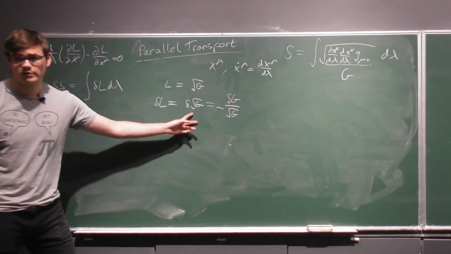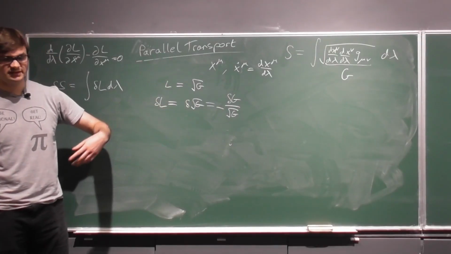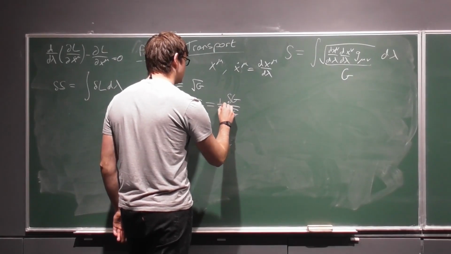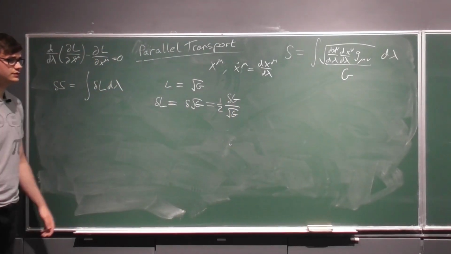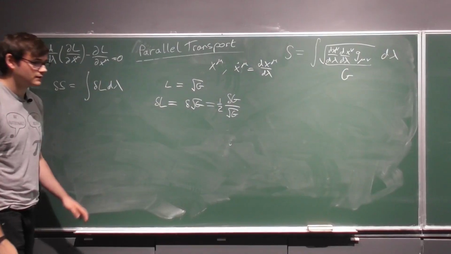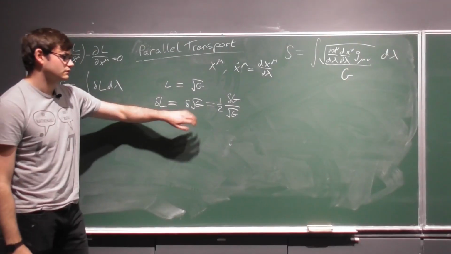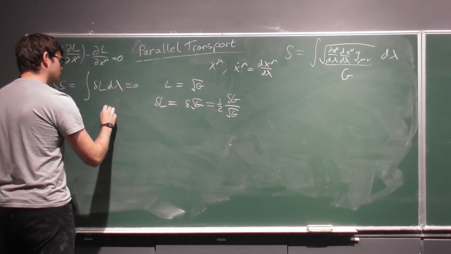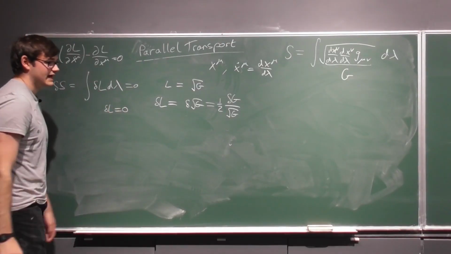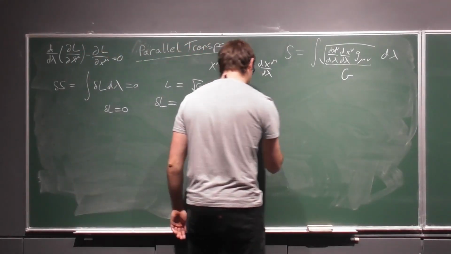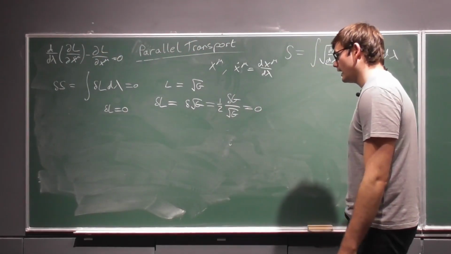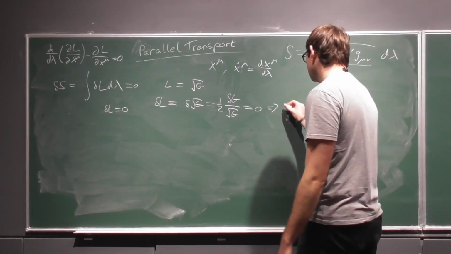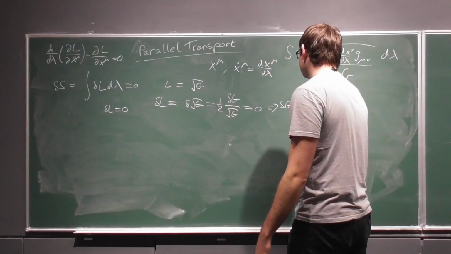When I take the derivative of a square root, the power of a half goes, and I take away 1. The variation is going to give me this. Now, I'm setting delta L to 0, so this thing is equal to 0. If this is equal to 0, that equation is actually equivalent to delta g equals 0.